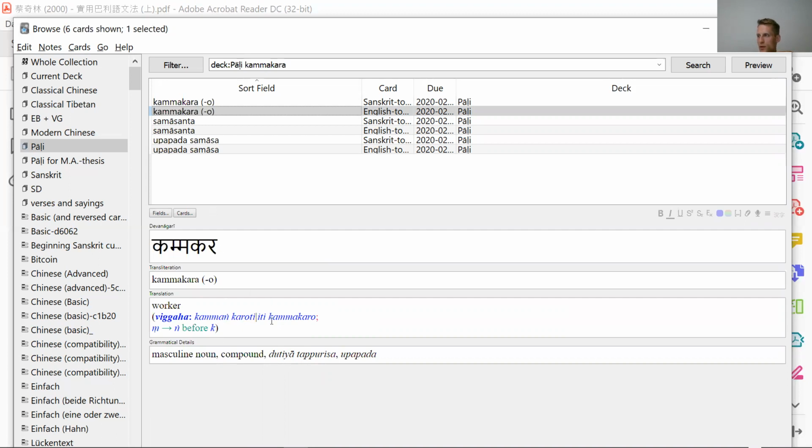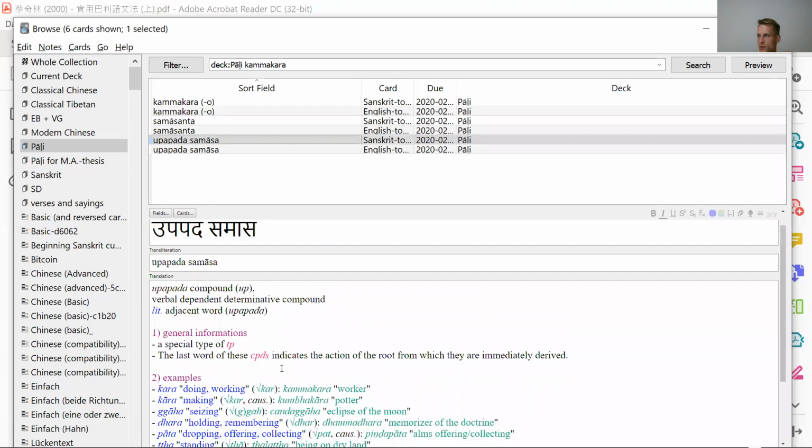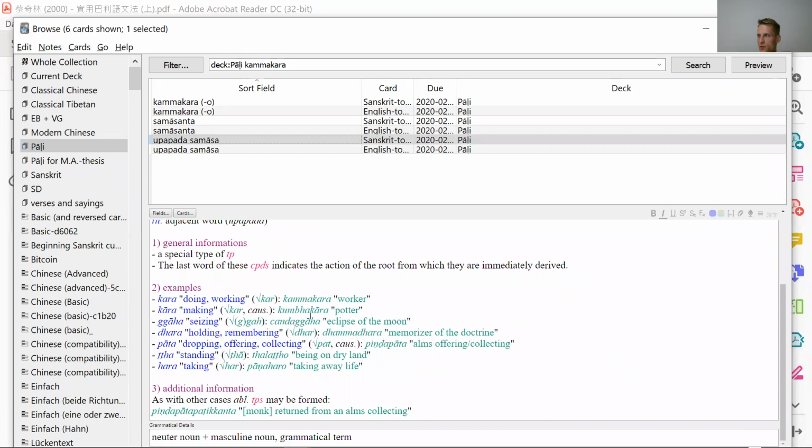So in this way, I've provided also the vikkaha for the other compounds given here. So kara, making, from the causative of karoti, so kareti, kumbhakara, the potter. Gaha, seizing, from ganhati, chandagaha, eclipse of the moon. Dhara, holding, remembering, from dhareti, dhammadhara, memorizer of the doctrine.